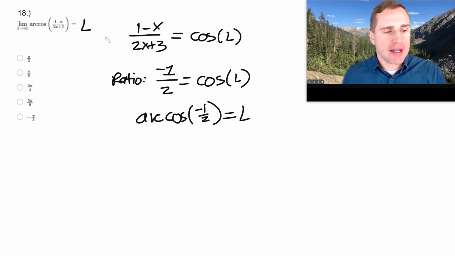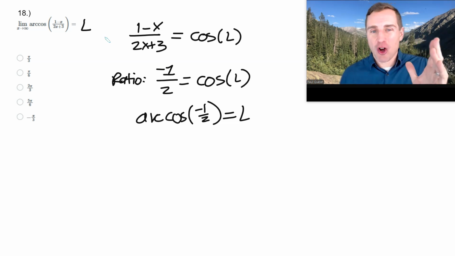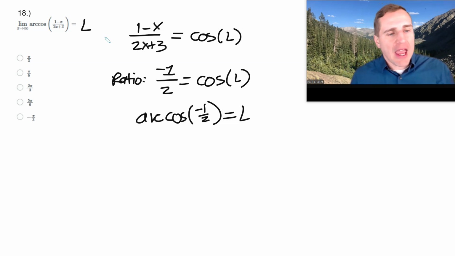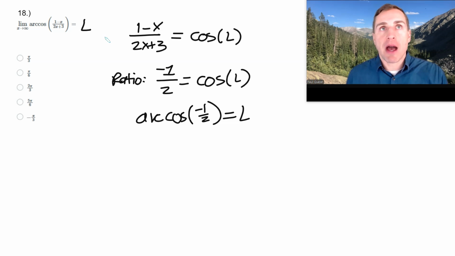So arc cosine of negative 1/2 is going to be in quadrant 2, because all trig functions are positive in quadrant 1. And negative 1/2 for the ratio, so you think about a triangle that has negative 1/2 for its cosine value, and I think that's going to be a reference angle of 60 degrees or pi over 3 radians.